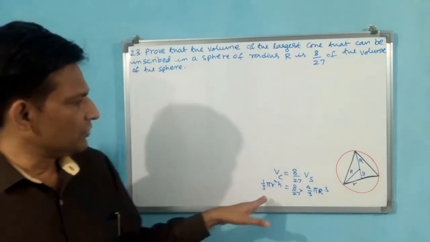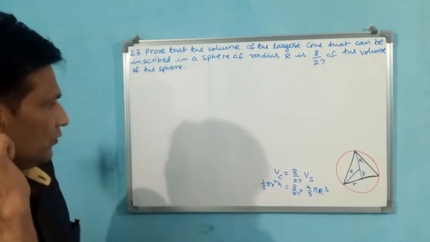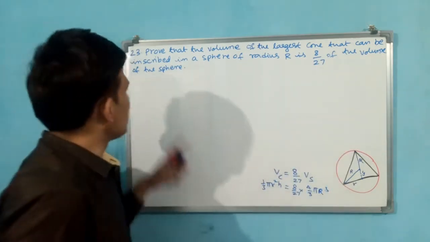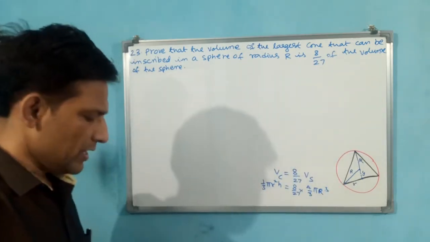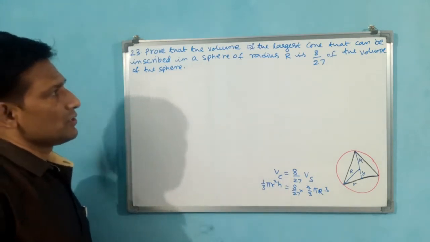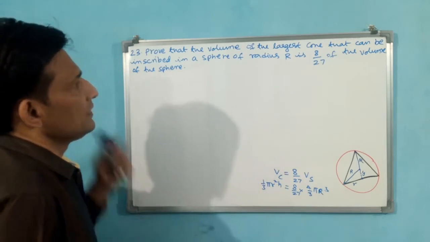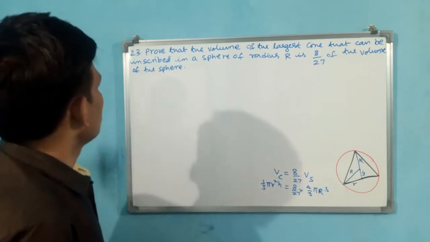This is the logic. Finally, you have to get what they are asking. When I require it, I will use it; until then we will go on proceeding. You have understood the logic, na? Prove that the volume of the largest cone that can be inscribed in a sphere of radius R is 8 by 27 of the volume of the sphere.